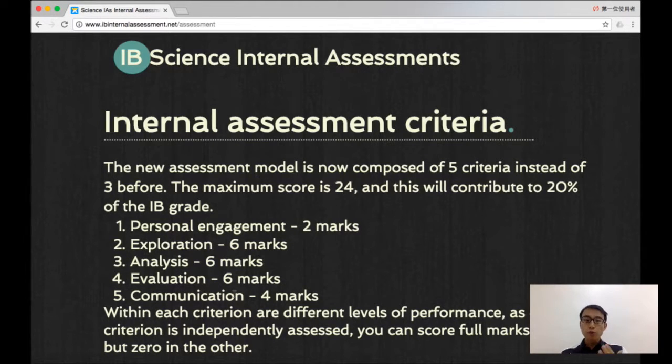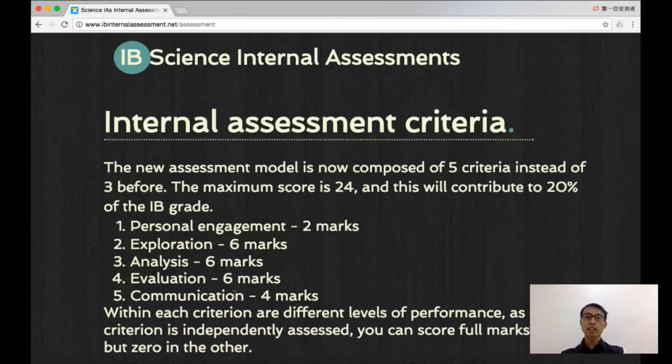Now, for the final 4 marks in communication, it's really how you wrote this internal assessment in a really scientific way, for example, from a third person perspective, using scientific terminologies, and also logically spaced in a sequence. I will teach you all that in my subsequent videos.